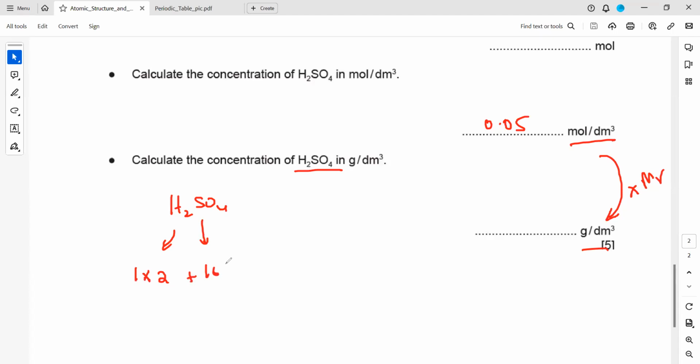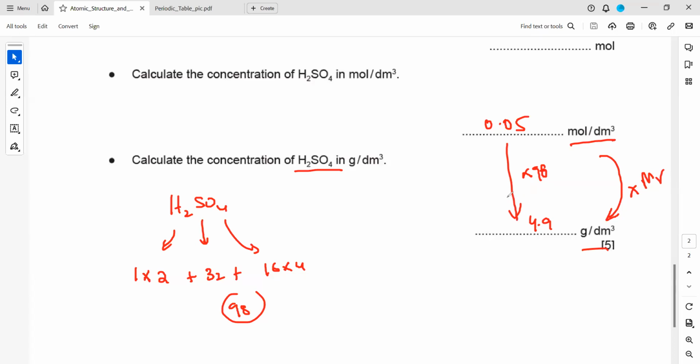Sulfur is 32, 16 is the proton number, so 32 is the mass number, and oxygen is 16 multiplied by 4. The total sum will be 98. So we multiply this by 98. 0.05 times 98, what will be the final answer? 4.9 grams per decimeter cube.